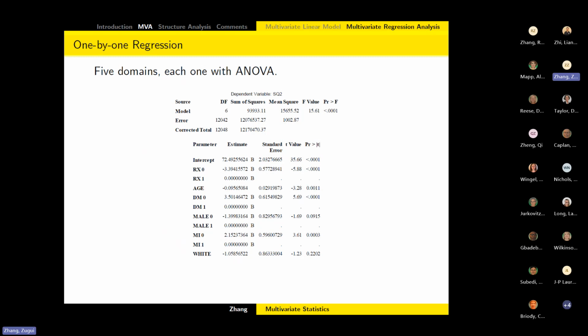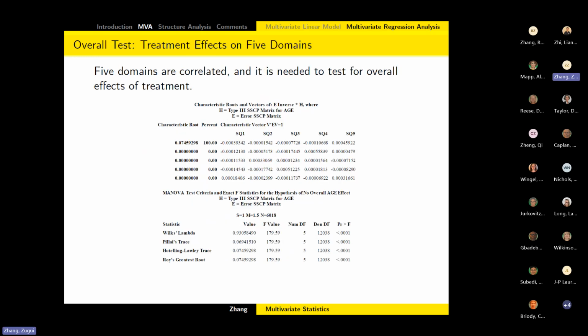So if we run the 5 domains, we will get 5 ANOVAs. But remember, if we run the 5 domains in separate analyses, the problem is that we will ignore the correlation or covariance among the domains.